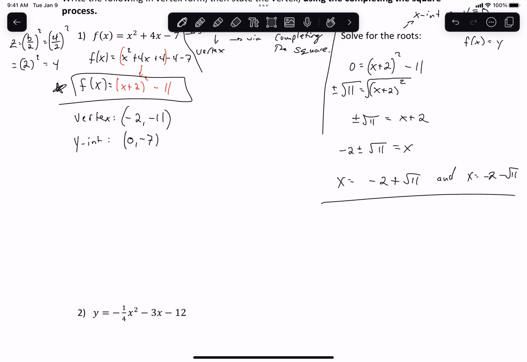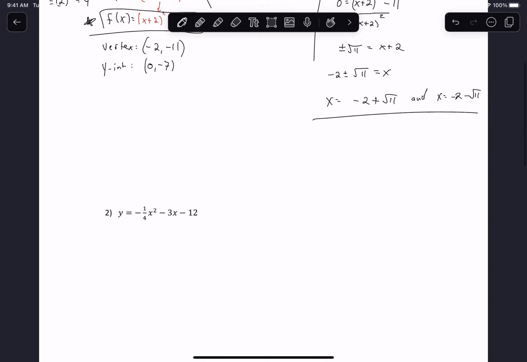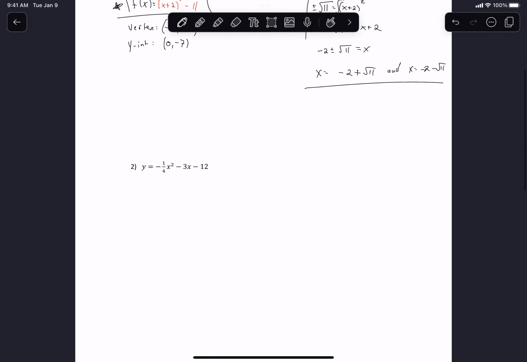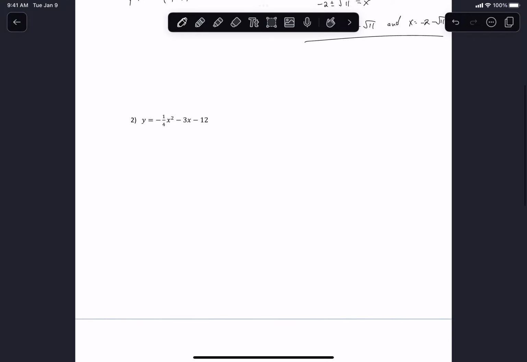Now, just so that I can see whether or not you can complete the square on something a little tougher, I put question 2 on here. First things first, the coefficient in front of x squared must be 1. So let's do that.